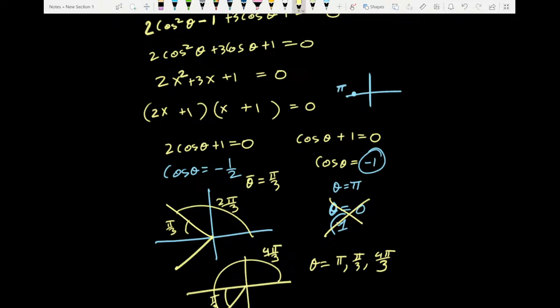That's not possible because cosine of 0 gives you positive 1, and we're looking for negative 1. Okay, alrighty then.